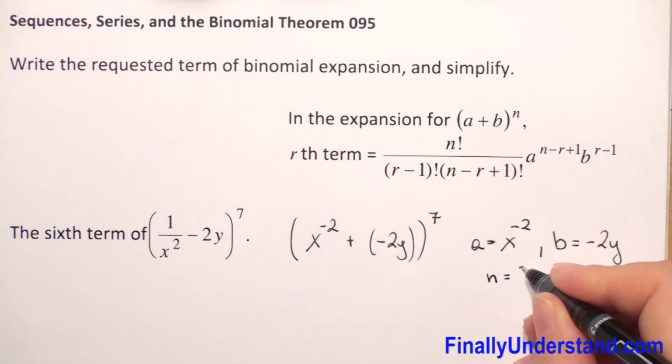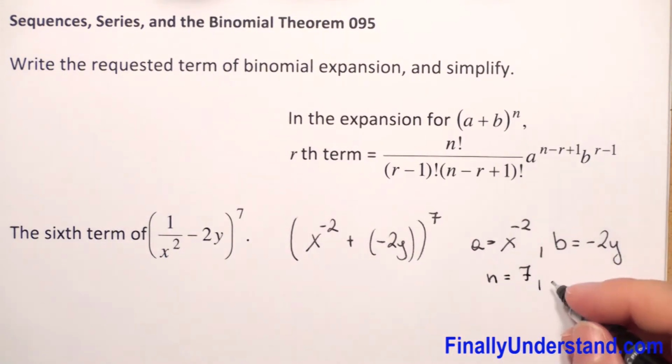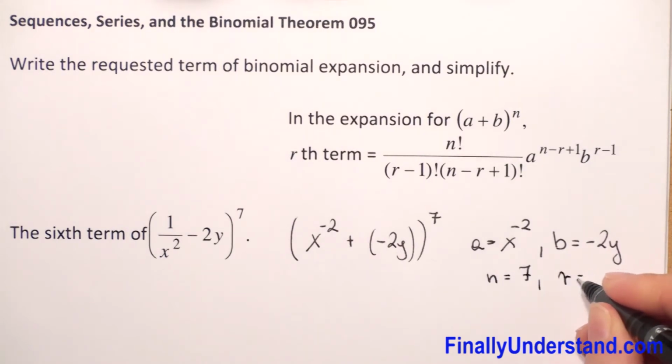N in our example is 7, and we have to find the sixth term, so r is equal to 6.